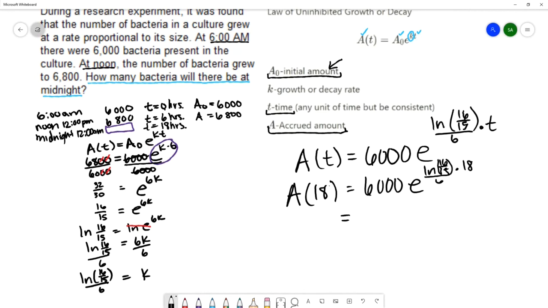Now we're going to type this in the calculator, and when I type it in the calculator, I like to put this 18 in the front here. So I like to write 6,000 e to the 18 natural log 16 over 15 over 6. So let me get my calculator.